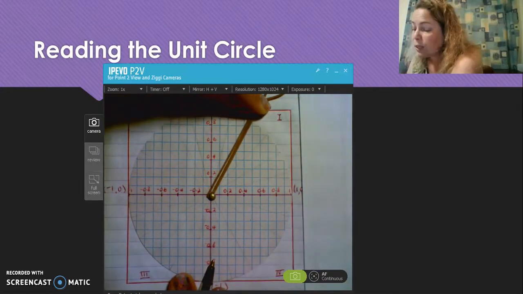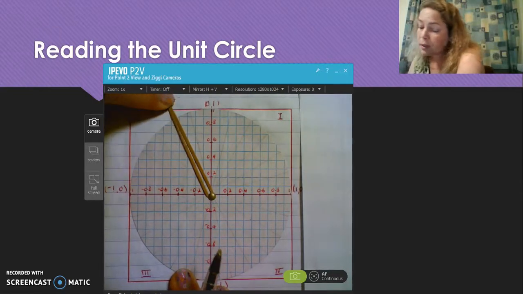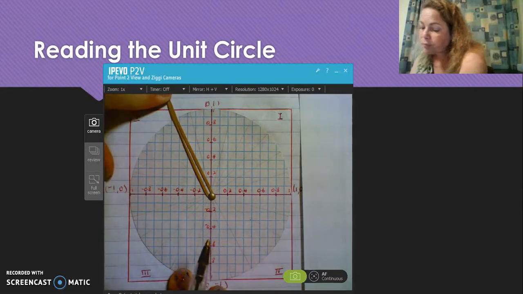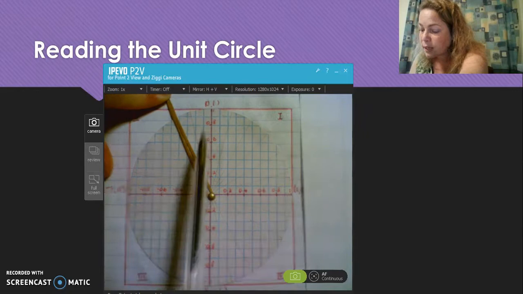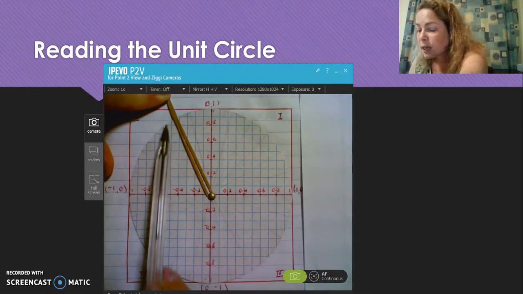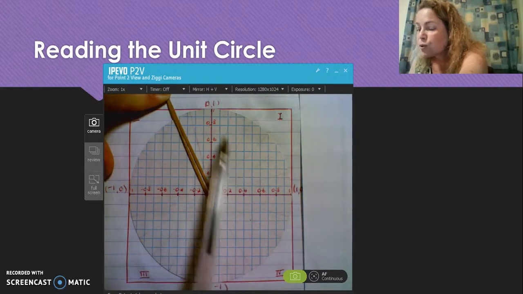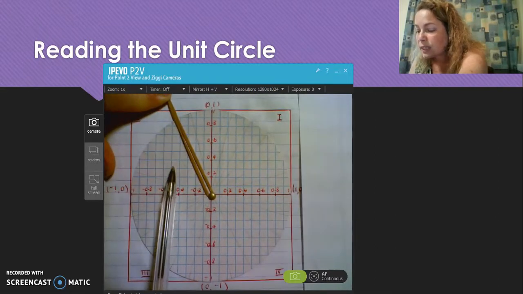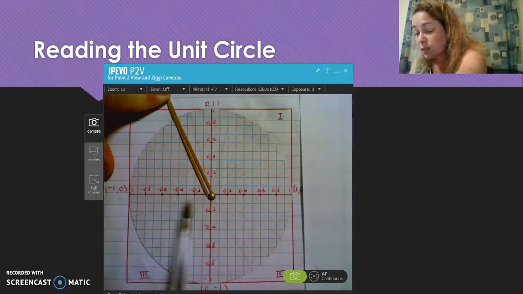Now it works the same when it's on the negative side. So if I come over here to the second quadrant, I can read this as 120 degrees. Okay, so I've got 90, 105, 120. This time, if I drop this down and I'm taking it from the origin out, for 120 degrees our cos takes us to negative 0.5 on 1, so negative a half.